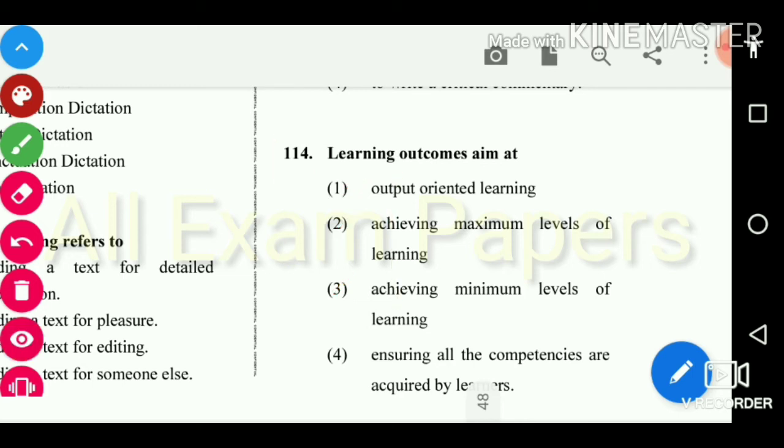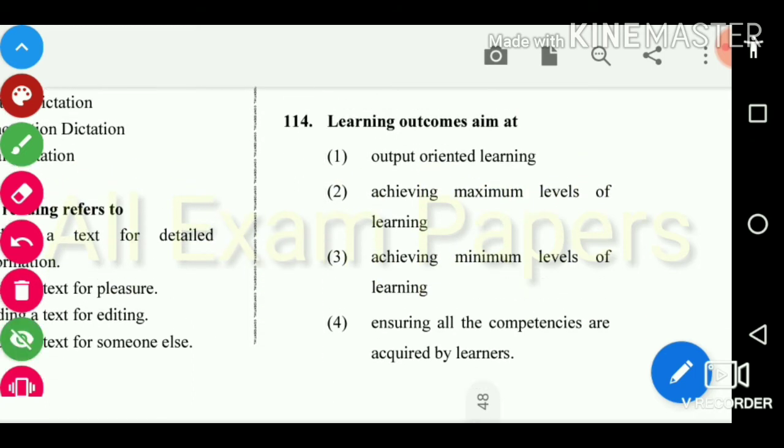And fourth one is ensuring all the competencies are acquired by learners. And the correct answer is option number 4, ensuring all the competencies are acquired by learners.